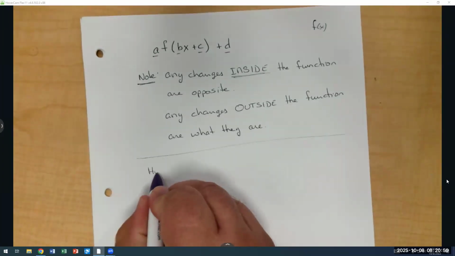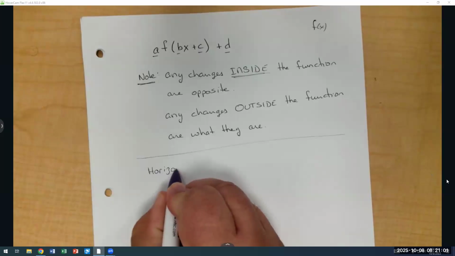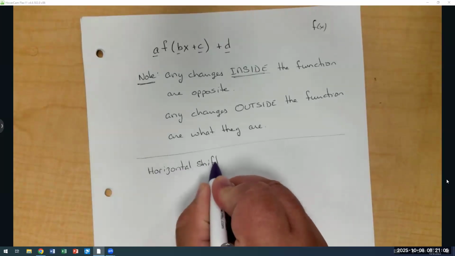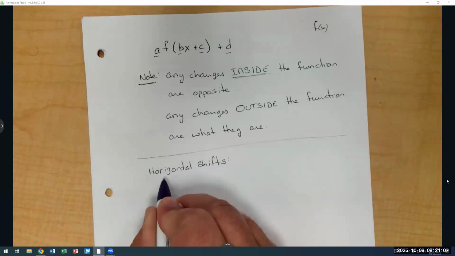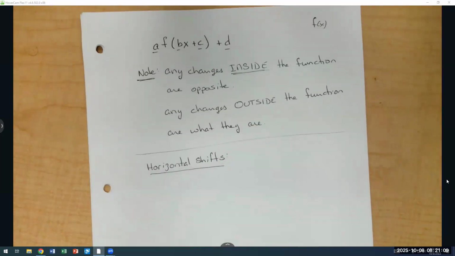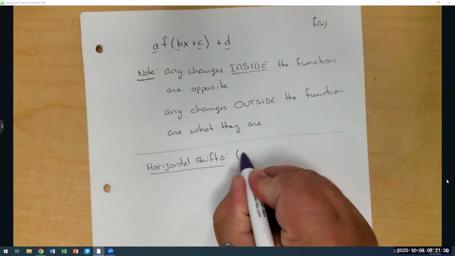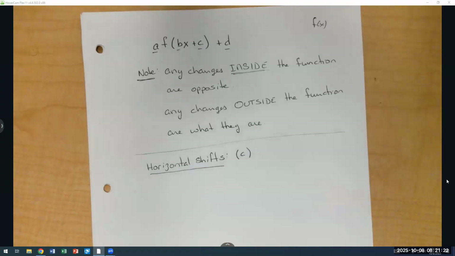So let's look at our first one. Horizontal shifts. A horizontal shift is dictated by the C value.